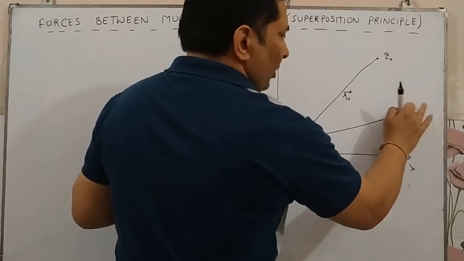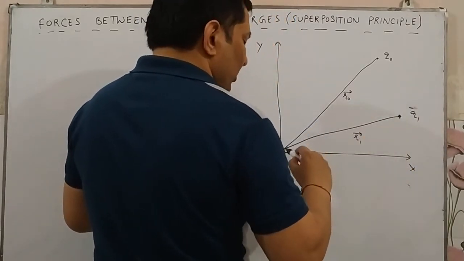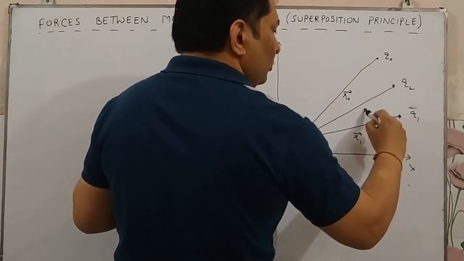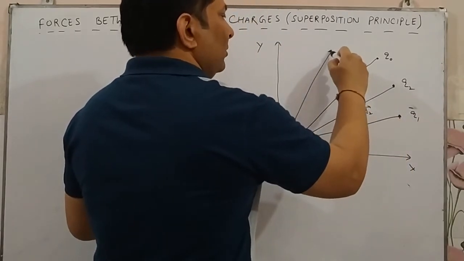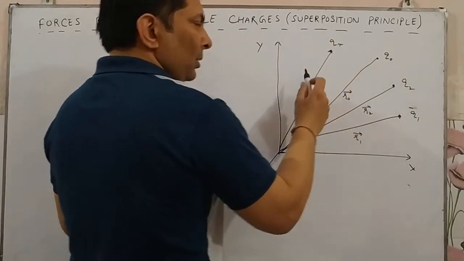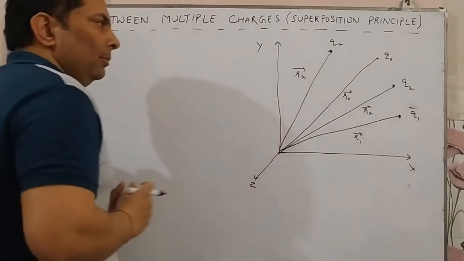Let it be charge q1, whose position vector is r1. Another charge, let it be q2, whose position vector is r2. Similarly, we have n number of charges, and the respective position vector for qn is rn.